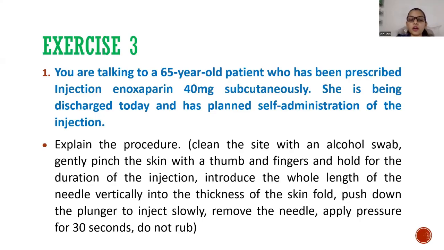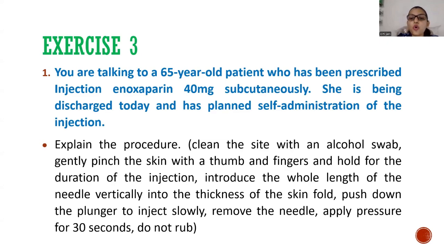Okay. So I'll explain you about the subcutaneous administration of enoxaparin. First of all, you need to select the site and clean it with the alcohol swab. Secondly, you need to gently pinch the skin with a thumb or a forefinger and make sure that you keep a hold till you complete the procedure of injection administration.